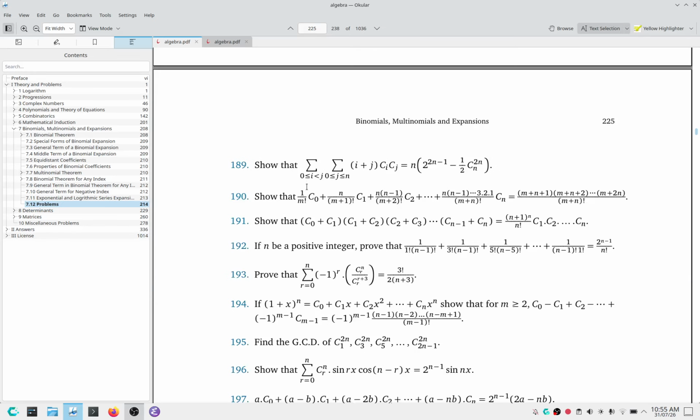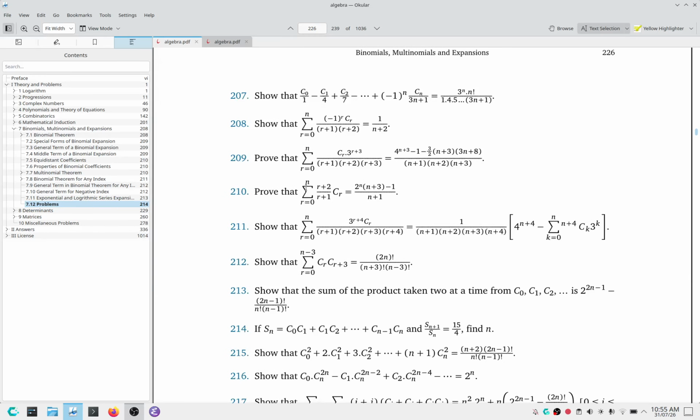So we come back to question number 210. It says prove that sigma r is equal to 0 to n, r plus 2 upon r plus 1 Cr is equal to (2 to the power n times n plus 3 minus 1) upon n plus 3. So you see, Cr will usually have x to the power r.